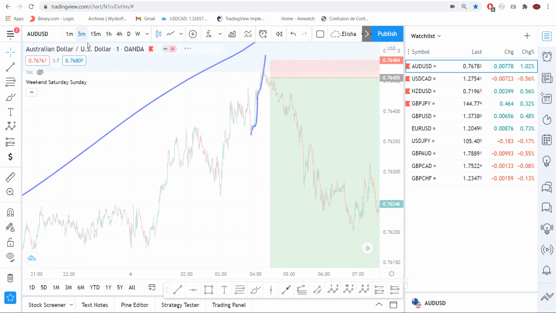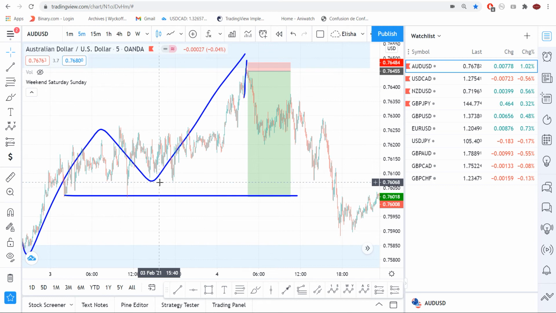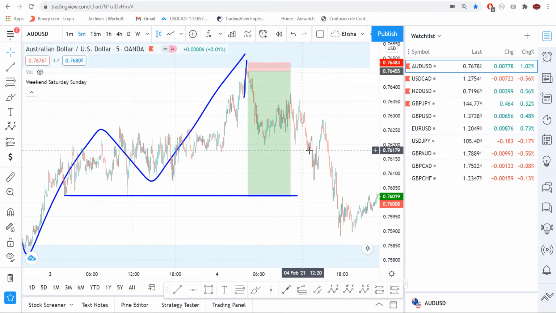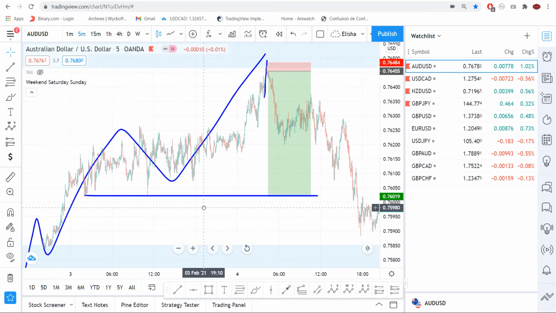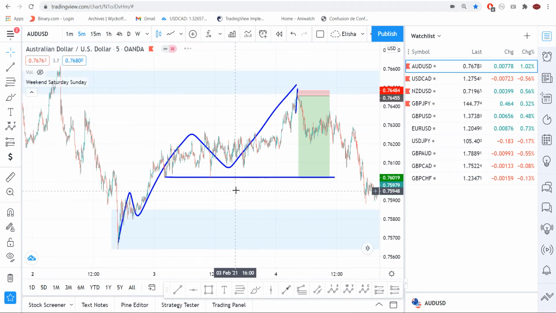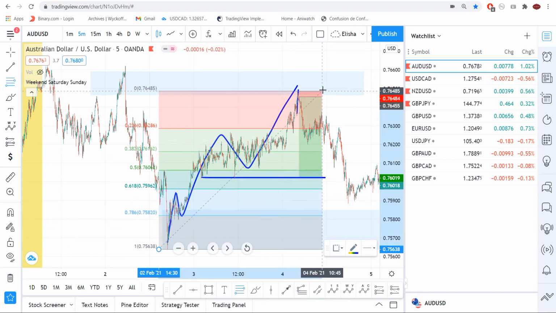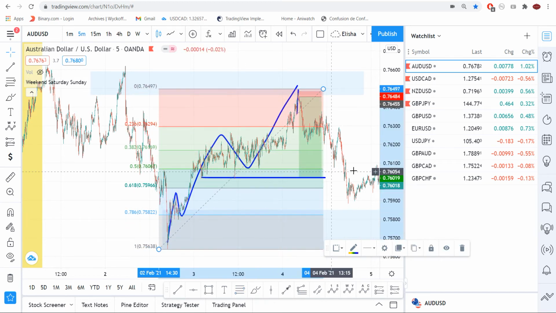So what you can do is either put your target at a support level conservatively, or you could draw your Fibonacci and place your target in this zone, right?